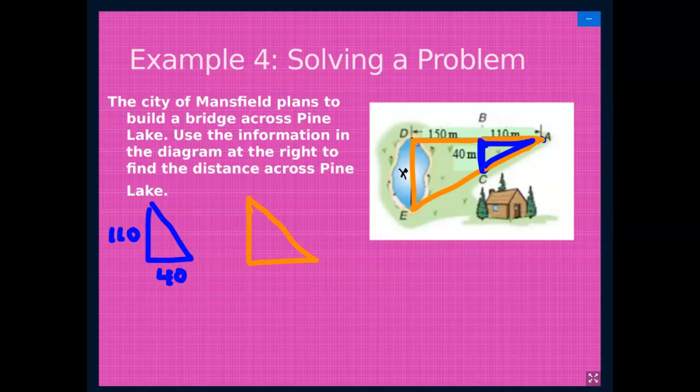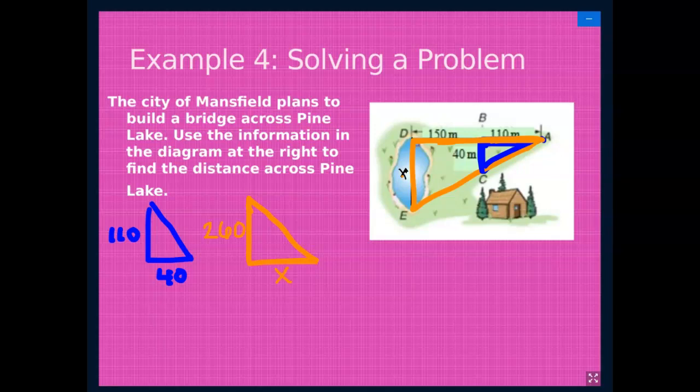The orange triangle is the entire length here. So that whole length there is actually the 150 and the 110 added together. So its height is 260. And its base is the x value we're looking for.